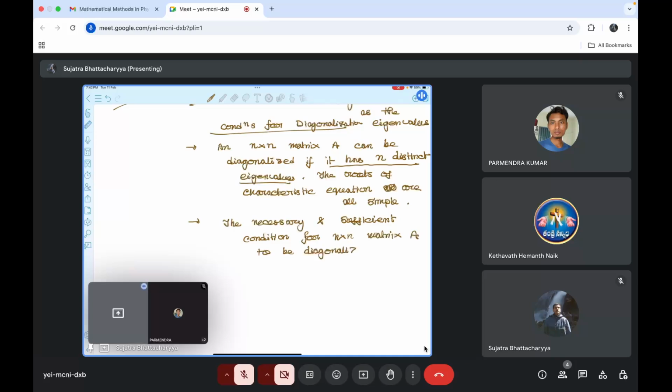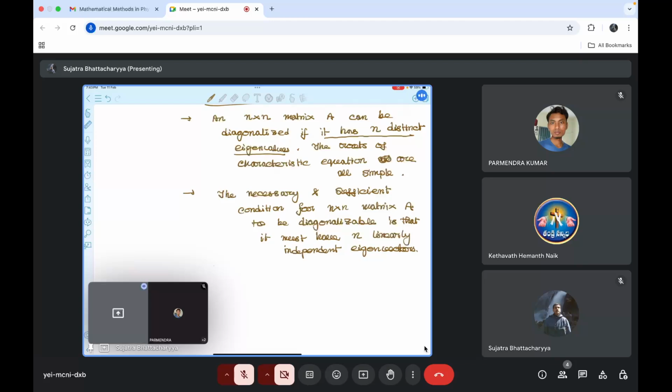Again, another condition to write is that if the matrix has, which we have seen, n linearly independent eigenvectors. This is the necessary and sufficient condition.